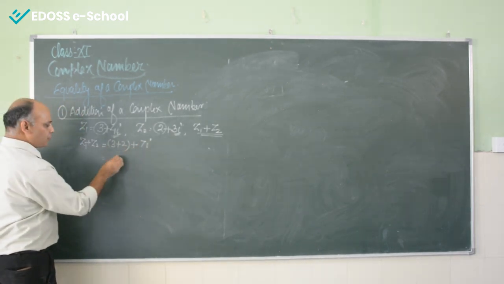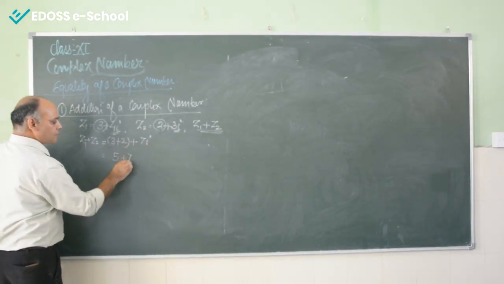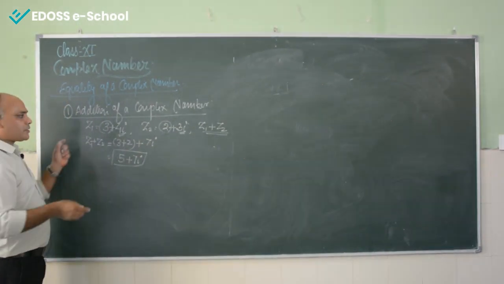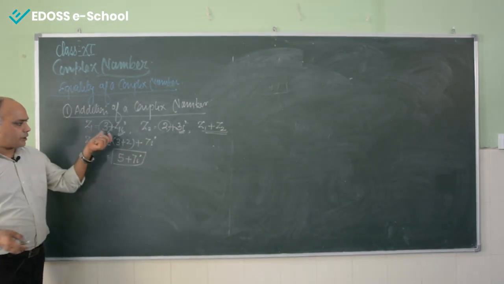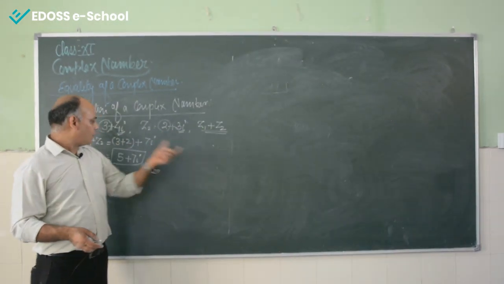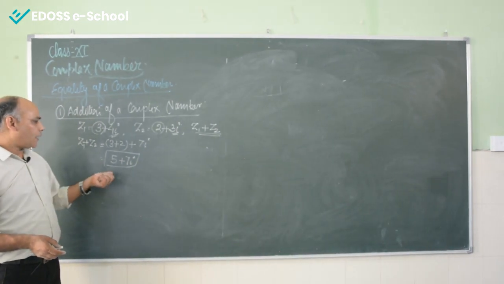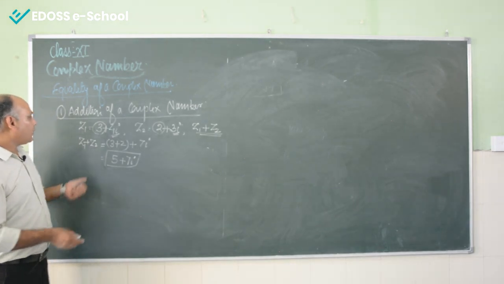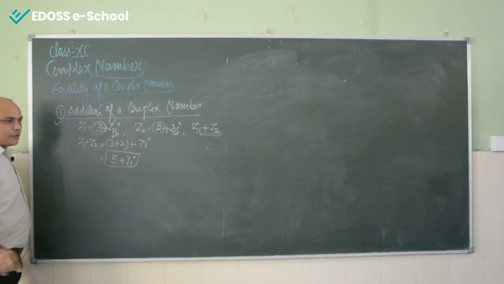And 3 plus 2 is equal to 5. So 5 plus 7 iota will be the addition of the complex numbers. If Z1 equals 3 plus 4 iota and Z2 equals 2 plus 3 iota, then the answer will be 5 plus 7 iota. This is the addition of complex numbers.